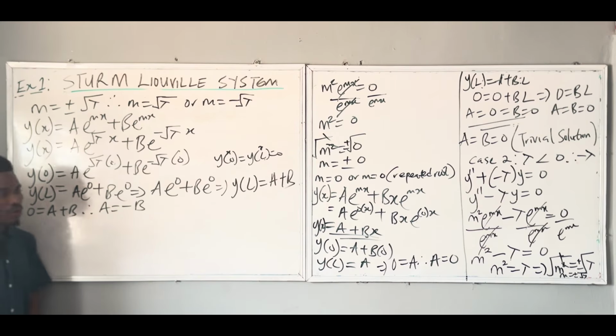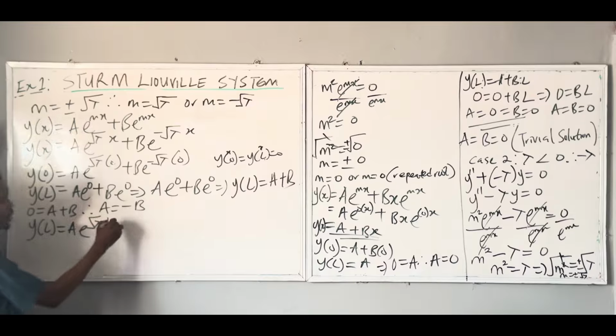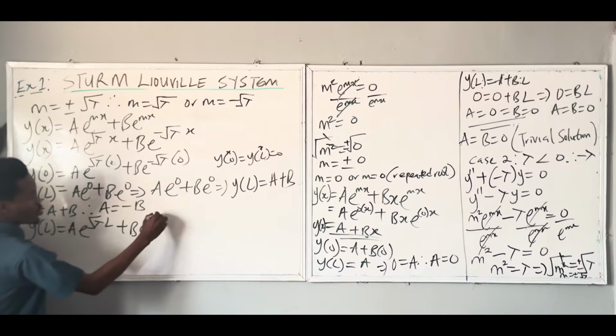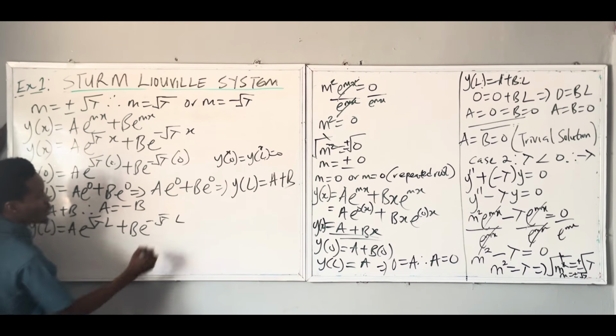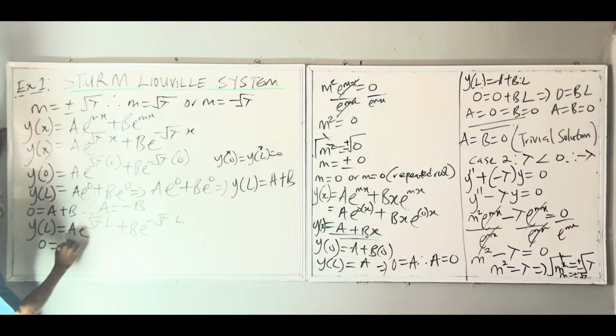So let me test for y of n. When I have y of x, I'm going to have y of n is equal to a exponential square root of lambda, whenever I see x, I put n, plus b exponential minus square root of lambda n. In this one, y of n is already 0. So my a is minus b already.